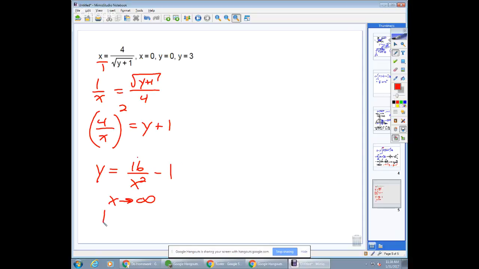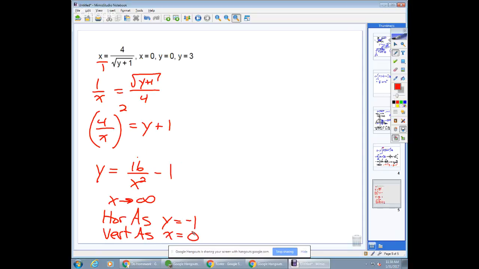So I definitely have a horizontal asymptote at y equals -1, and because of the x squared there, I have another problem. I get a vertical asymptote at x equals 0.